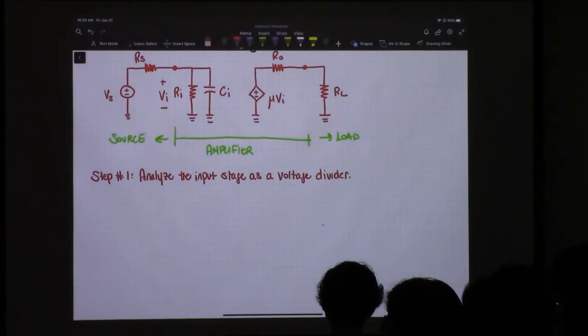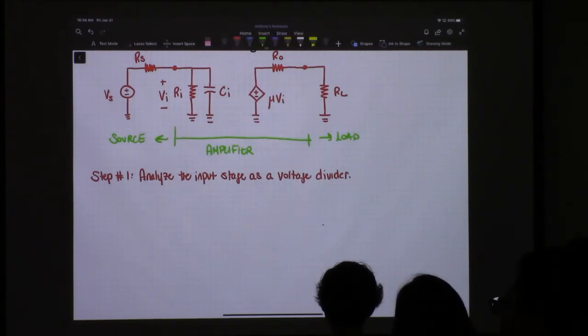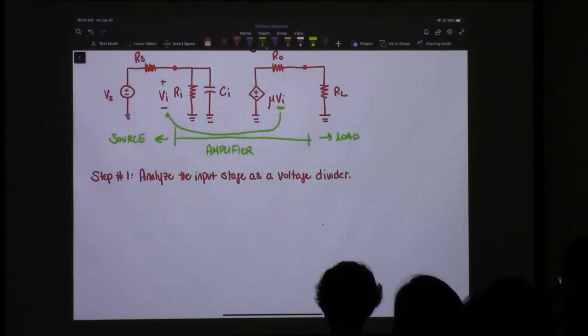But how do they affect each other if they're not connected? Essentially through this. It's just like all the other amplifiers that we saw. So the voltage of the dependent source is dependent on the input voltage.